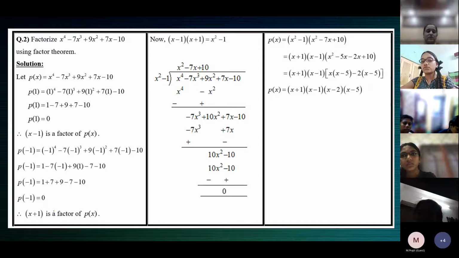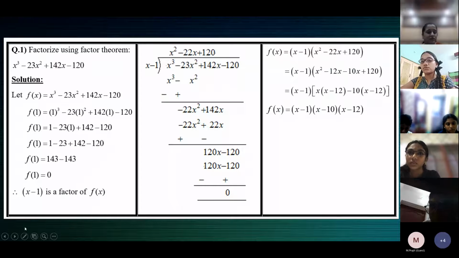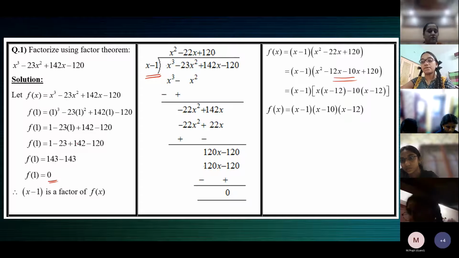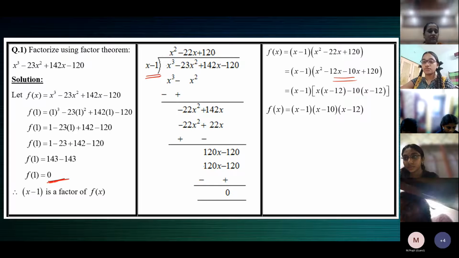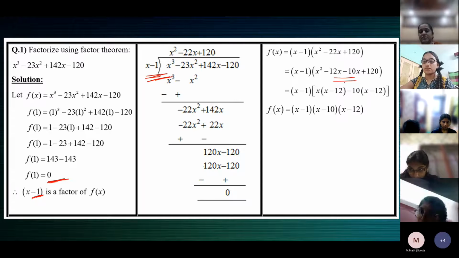For a cubic polynomial, you can just find 1 linear factor and then perform the long division. See, the procedure is this. First, you should find 1 factor, then the division process, then splitting the middle term.